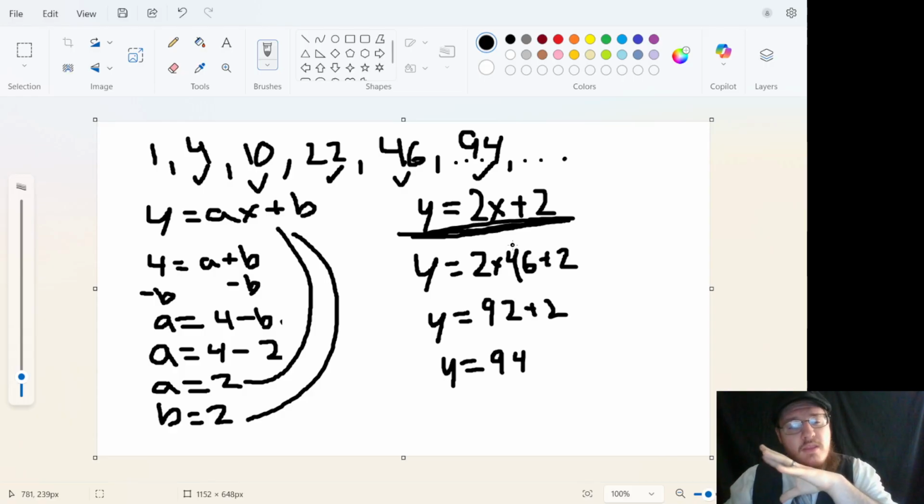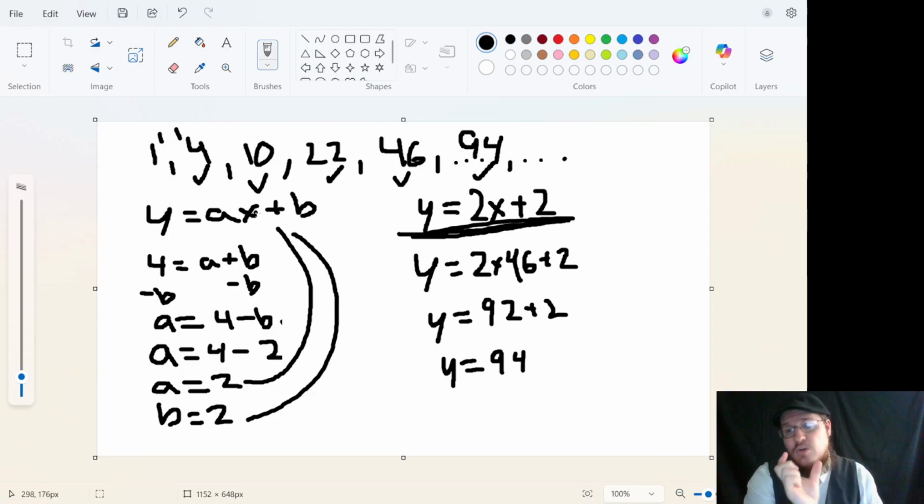Now, you can do these same exact steps on any numeric pattern, and you're going to figure it out. Okay? So you start off with your y equals ax plus b. You get the a by itself by plugging in the first two values. Plug in the second value for y, first value for x. You solve for a to get yourself a little equation there.